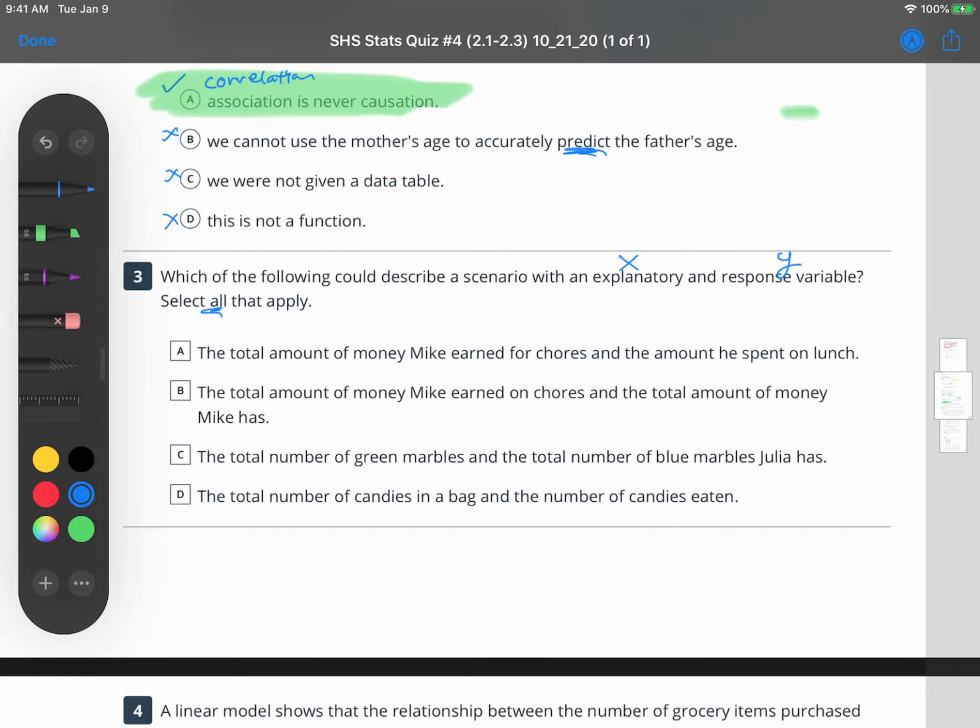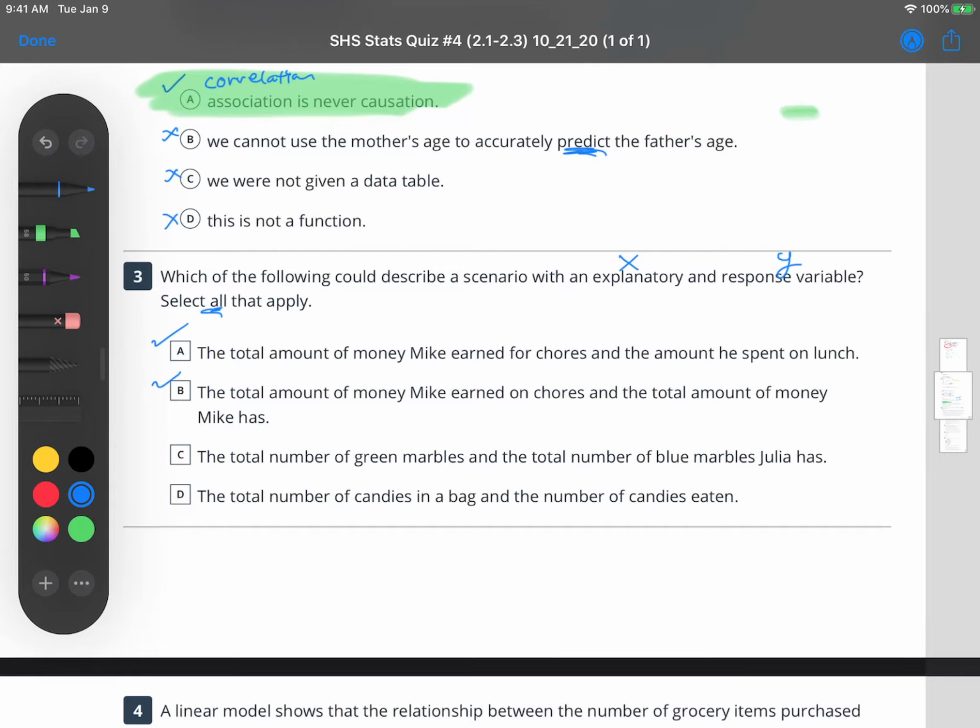Yes. The total amount of money Mike earned on chores, and could that explain the total amount of money Mike has? Yes. If you make more money, then you have more money. A is kind of like you have more money, you can spend more money.